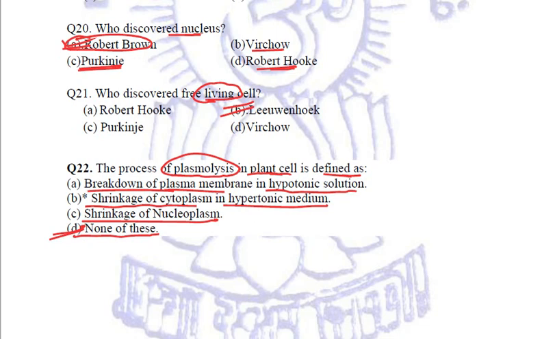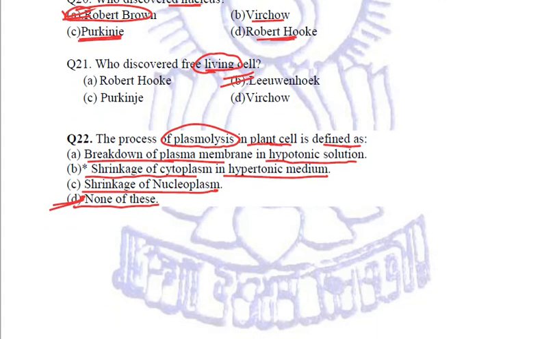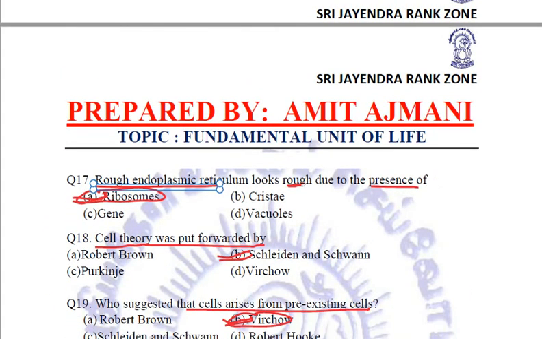None of these actually define plasmolysis, right? So these are a few questions which are quite important, which have already come in the examination in various years, and after doing these you may assume that your preparation for this particular chapter is almost completed.